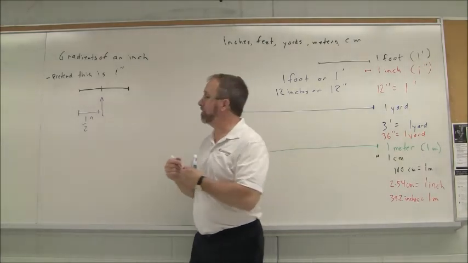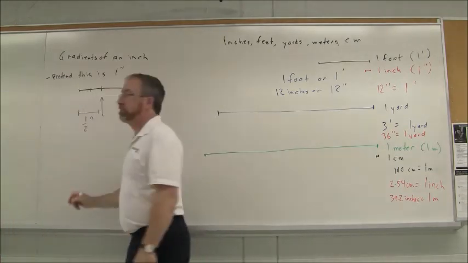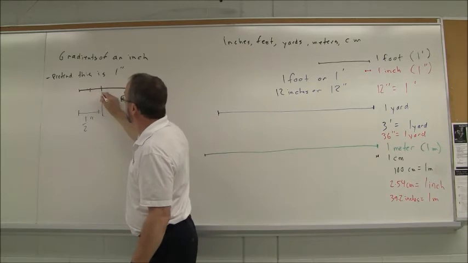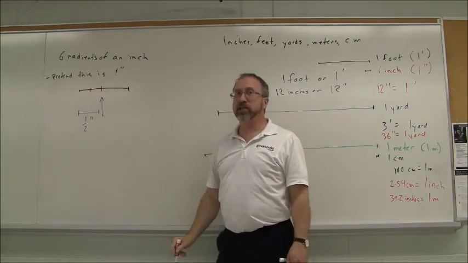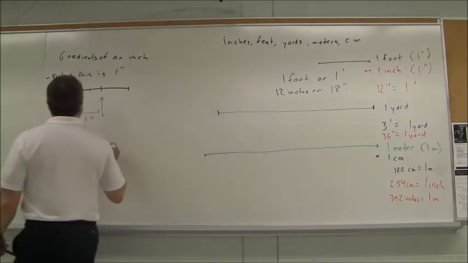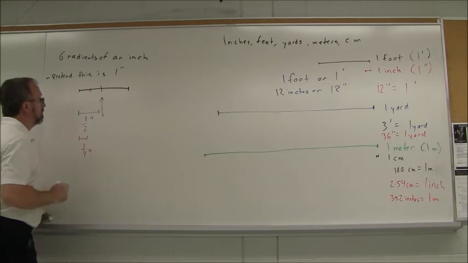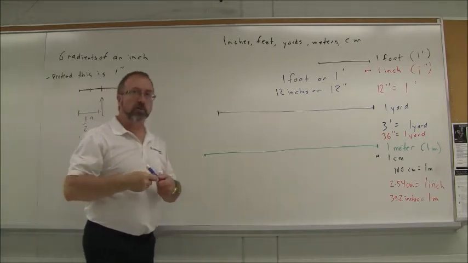When we talk about 1/4 of an inch, that's 1/2 of a 1/2. Okay? And there would be 1, 2, 3, 4/4 of an inch in an inch. So 1/4 of an inch is literally 1 of 4 equal pieces in an inch.